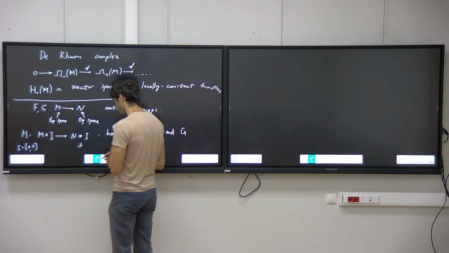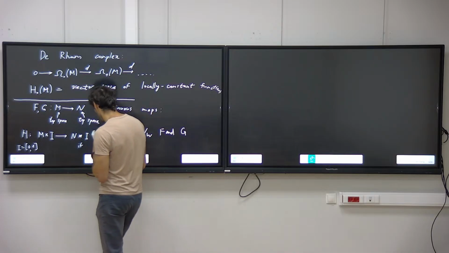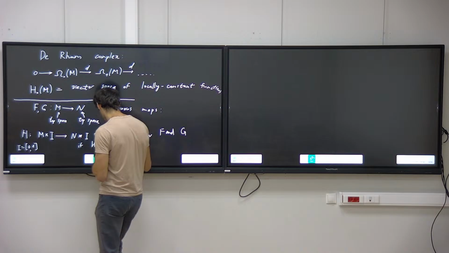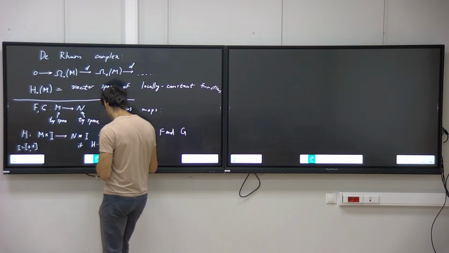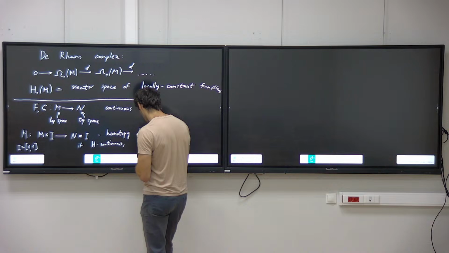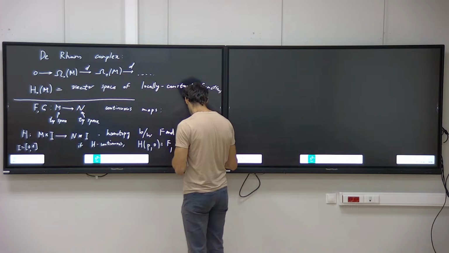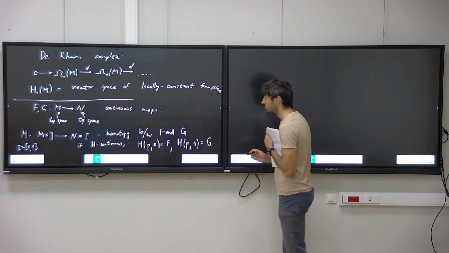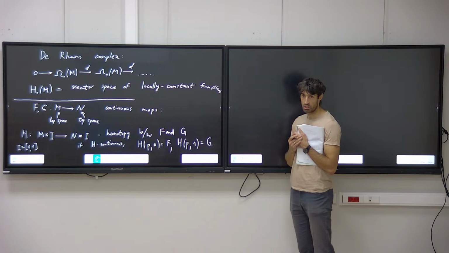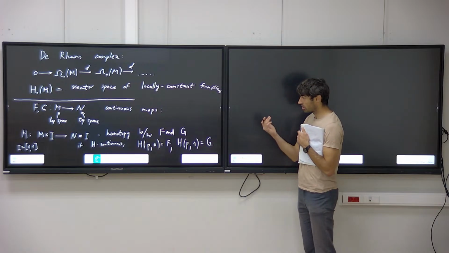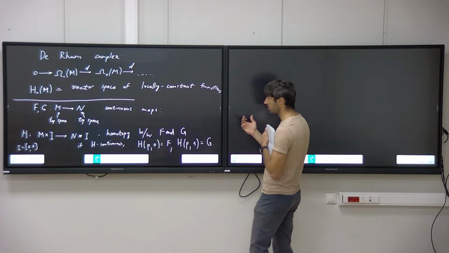If H is continuous, and we have that H of p,0 is f, and H of p,1 is g, then this is just a homotopy, and we say that the two continuous maps are homotopic.